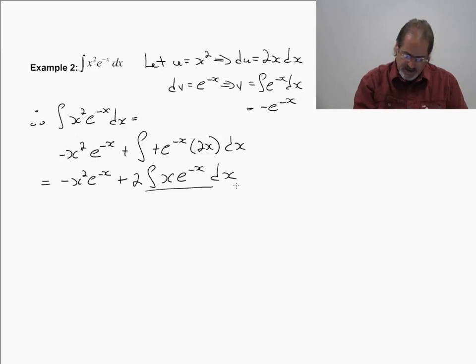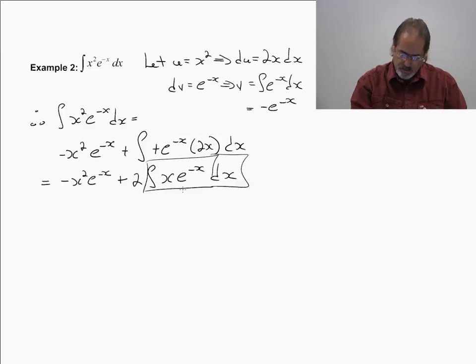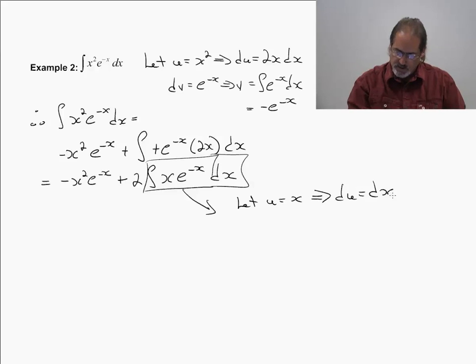So just looking at this piece right here, I'm going to use integration by parts again. I'm going to let u equal x. That means du is dx, which leaves me dv as being e to the negative x, which means v equals the integral of e to the negative x dx, which is just negative e to the negative x.